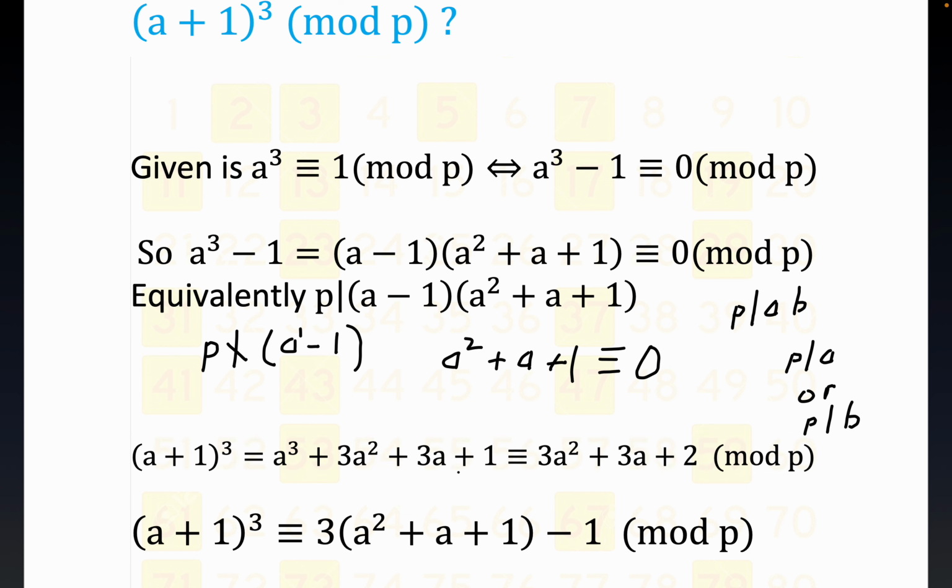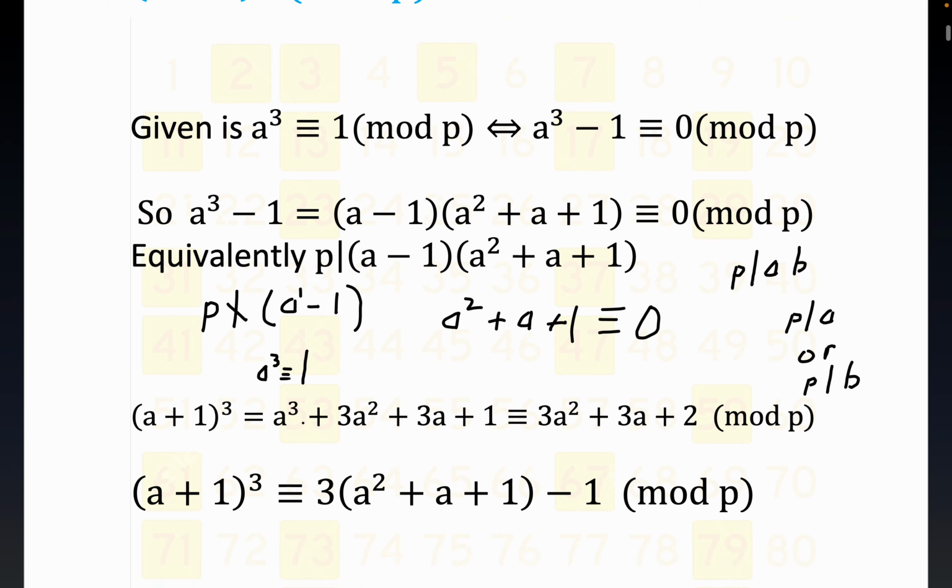Now notice that a cubed is congruent to 1 by supposition, right? A cubed is congruent to 1. And we already have 1 right here, so that's where this 2 comes from, right? Okay, so that much is clear. That's just arithmetic and the fact that a cubed is congruent to 1 just by supposition. The order of a is 3, is the supposition.